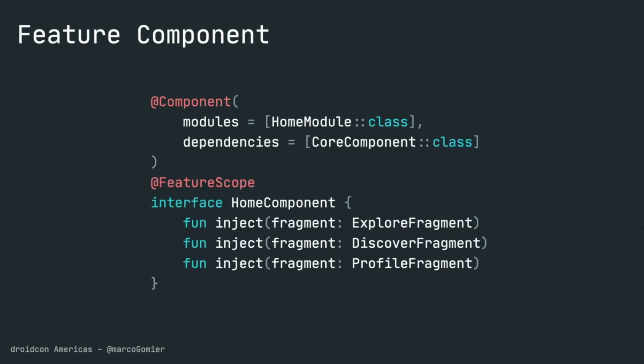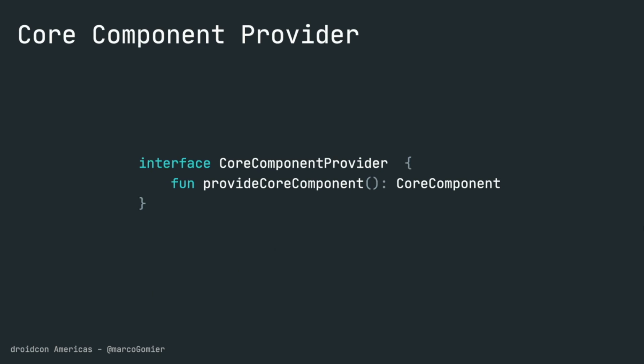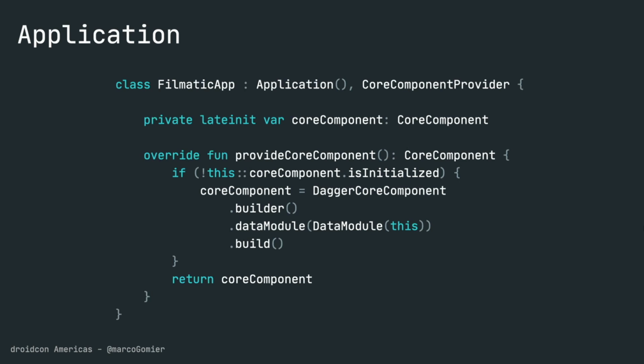Next, every feature has its own module, and this module has as a dependency the core Dagger module. For this reason, we need an interface that is implemented by the application, so in this way we can retrieve the core component from the different modules, because the different feature modules cannot see the application.